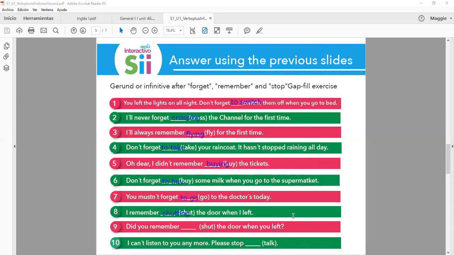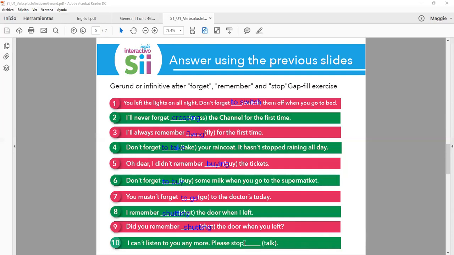Excellent. Number 9. Did you remember shut the door when you left? Yes, you're right. We are using the auxiliary did, so it is mandatory in the past. So we should use gerund again.